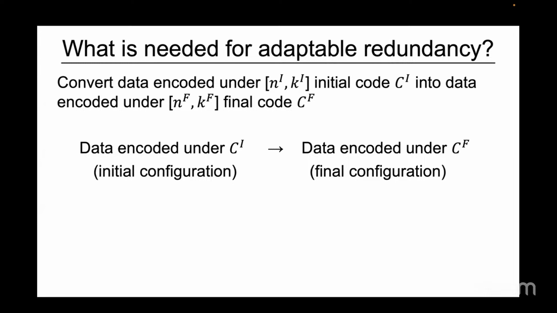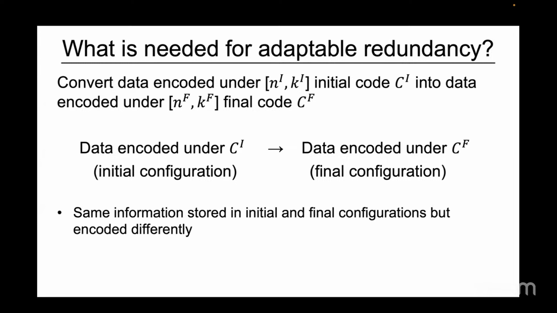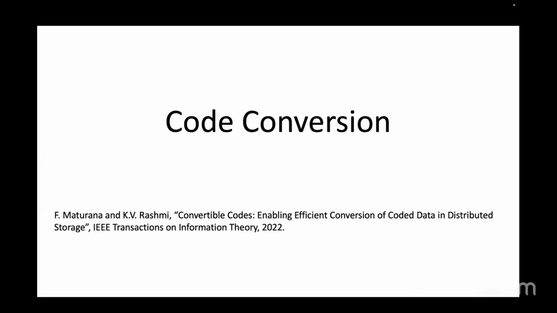So we have data encoded under one code C_I, the initial configuration, which now has to be changed into data encoded under the final configuration C_F. The same information is stored in both configurations, but encoded differently. And this problem is called the code conversion problem.